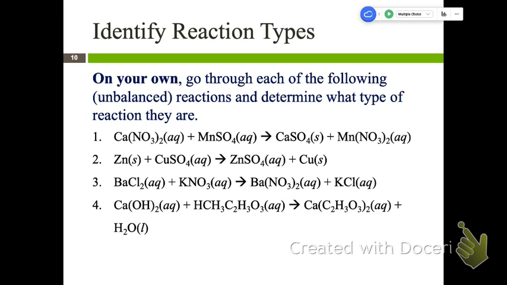And the other thing, if you notice in question 6, after you identify the type of reaction, I want you to be thinking about spectator ions and net ionic equations. So we're going to take 5 minutes for you to work on these 4 reactions.